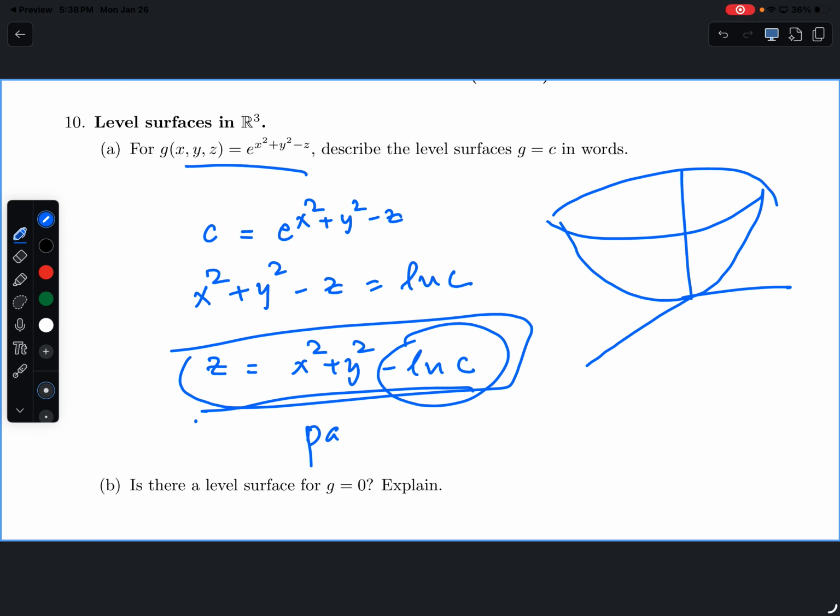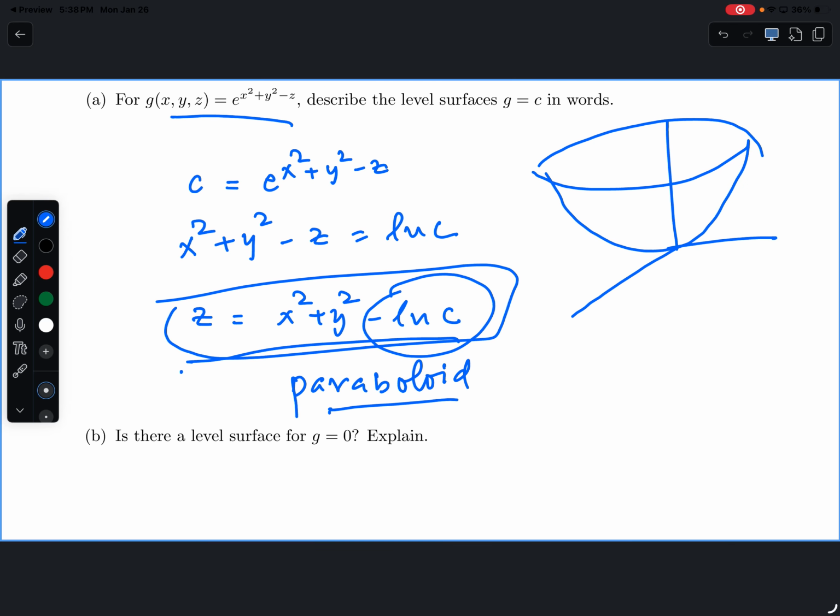Okay, this is a paraboloid. I think we can describe more, but it is enough. If you just subtract some value, it means you are taking it down in the negative z-axis. Okay, it's a paraboloid.